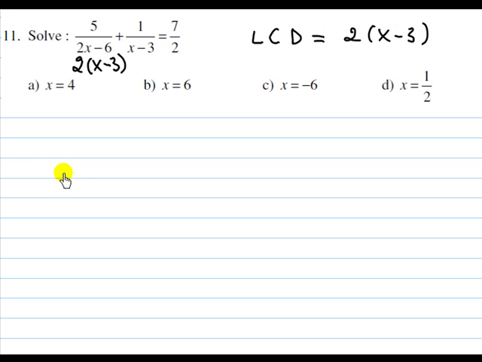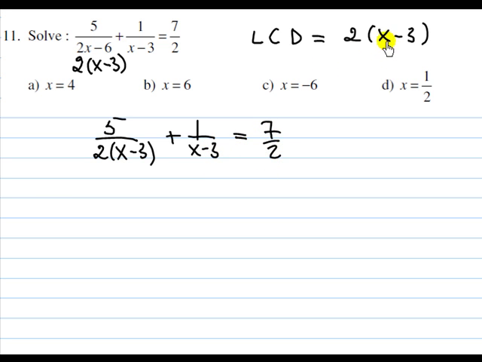So what we are going to do next, we are going to multiply both sides of our equation by this. So let's write the equation. The equation was 5 over, now after factoring, 2 times x minus 3, plus 1 over x minus 3, equals 7 over 2.